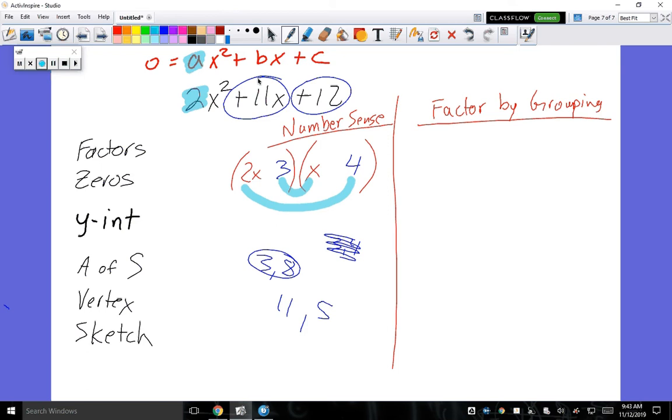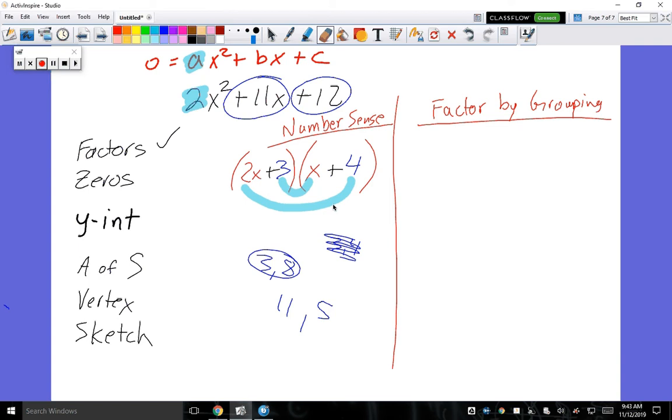Again, this comes with experience and practice. And if it doesn't work, move the numbers around. Work on your number sense. Now I just have to put the positive where the positive goes and the negative where the negative goes. What are my signs? Positive and positive. So right now my factors are done. 2x plus 3 and x plus 4 are my factors.